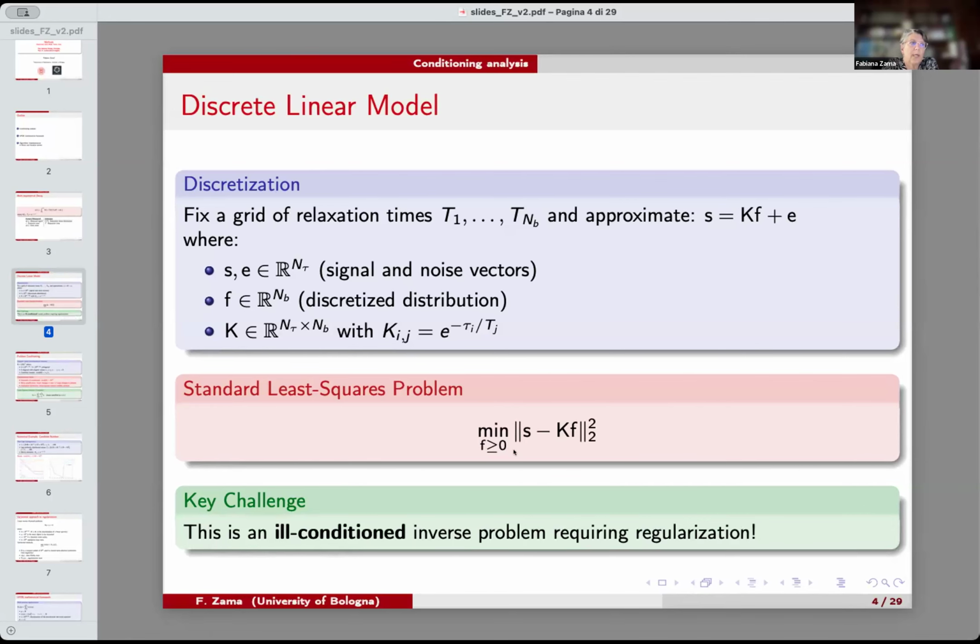And how do we analyze the conditioning? In this case, we have a one-dimensional case. We can think of computing a singular value decomposition, which is represented here. It is characterized by two orthogonal matrices and by a diagonal matrix, which contains on its diagonal the singular values that are different from zero, sorted from the greatest to the smallest.